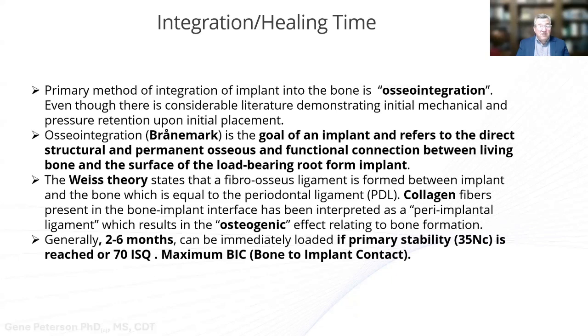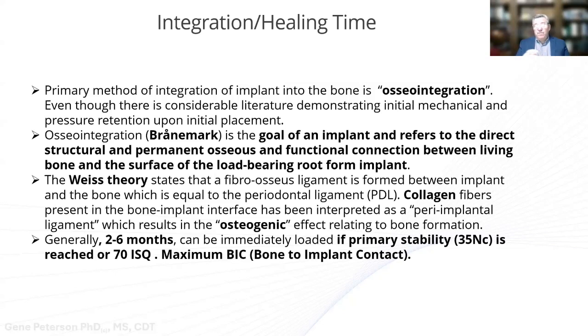It doesn't give proprioception, but it gives that ligamental attachment. It's collagen fibers that are present, and they interface and act as a peri-implant ligament type structure, and they call it the osteogenic effect. And it helps with the bone formation altogether.